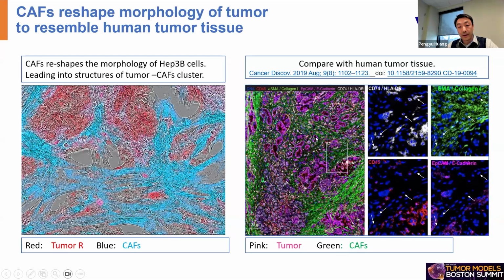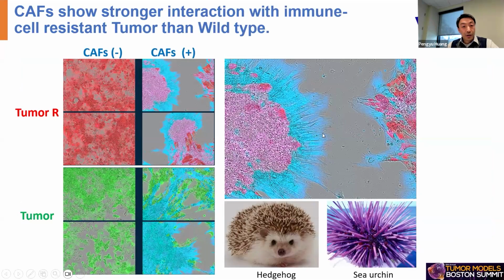You see the mixed clusters everywhere. Of course, there are immune cells there too. But I just say it's very interesting that 2D cultures can somewhat mimic the 3D tumor tissue. Even more interesting, if you culture these cells further, to 8 days, you can see that the tumor only forms a flat layer, but with CAFs they make clusters.